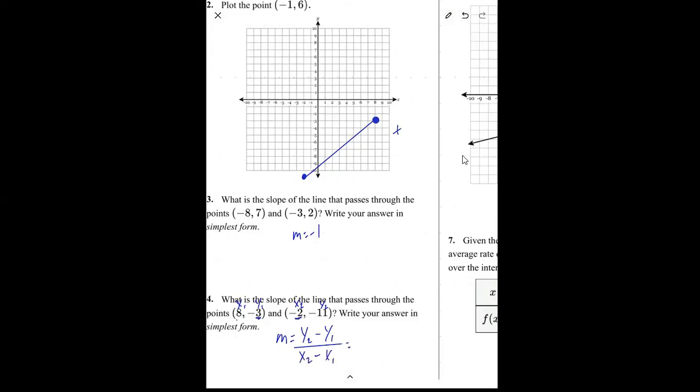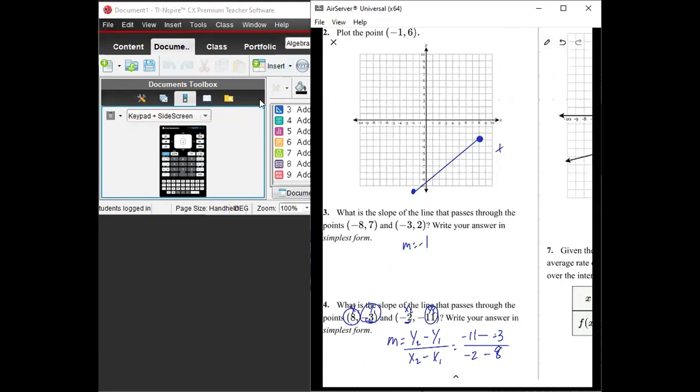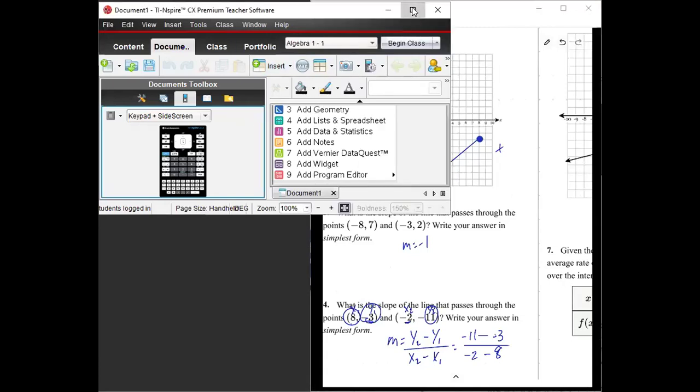If we do this, we have -11 minus -3 on top, and on the bottom we have -2 minus 8. At this point, all you have to do is get your calculator.